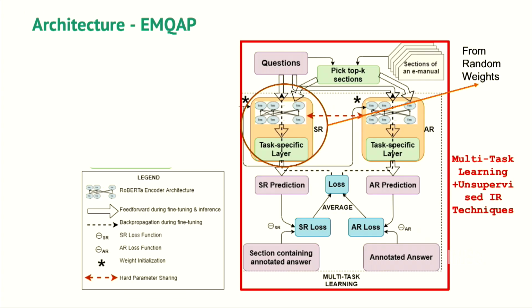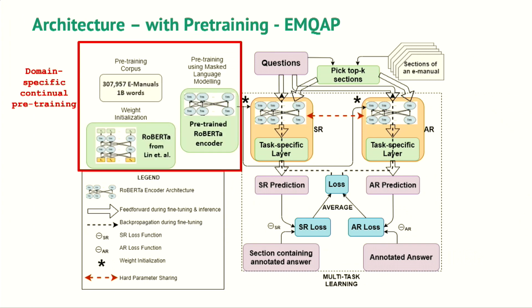So how will pre-training help in this case? See, we have the random weights, and we have to go through these things. Even before starting this operation, we collect all sorts of e-manuals present on the internet.